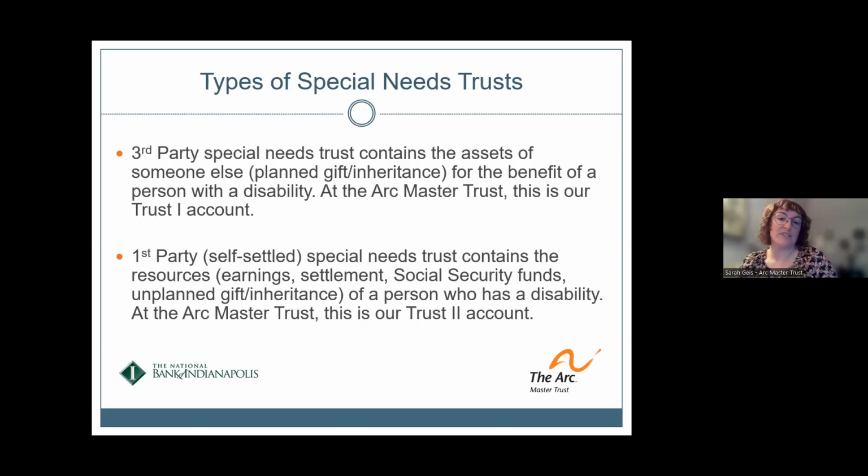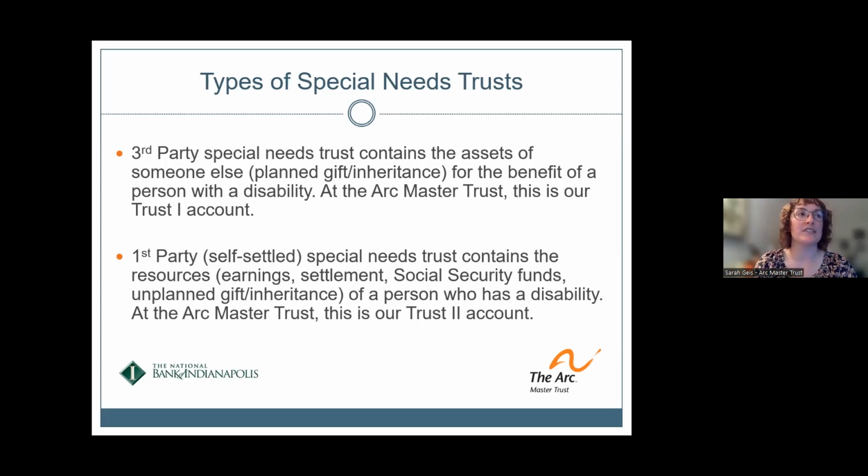There's also another type of special needs trust, and this is called a first party. Sometimes it's also referred to as a self-settled special needs trust. And this contains the financial assets or resources of the beneficiary. This is a situation in which the beneficiary might be over-resourced with their own Social Security funds or their wages.